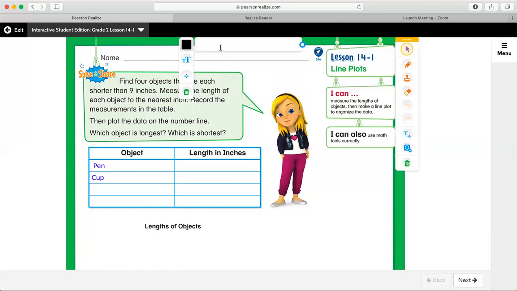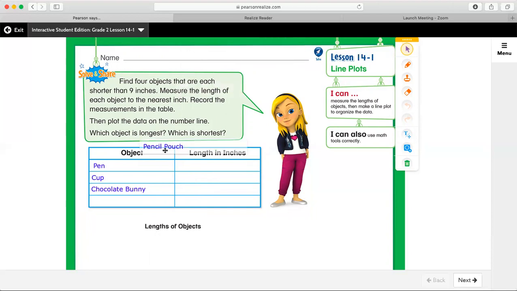I have a chocolate bunny. And I have a pencil pouch. So those are my 4 objects.